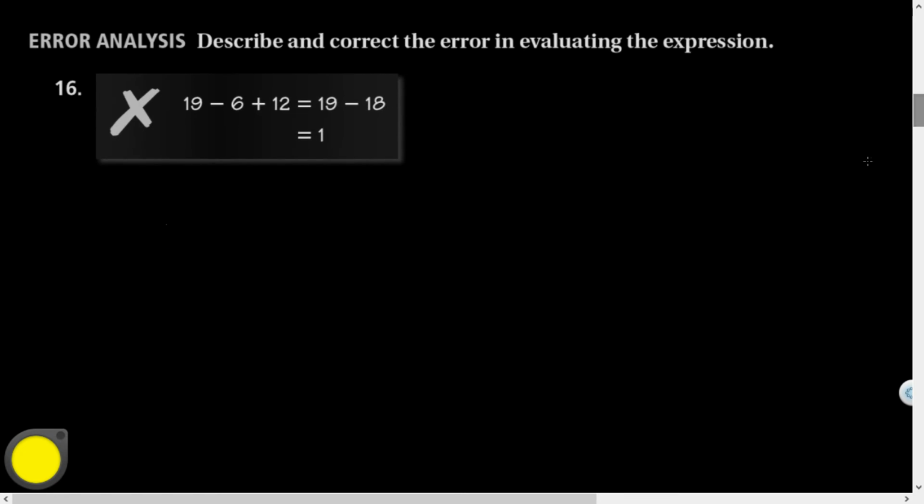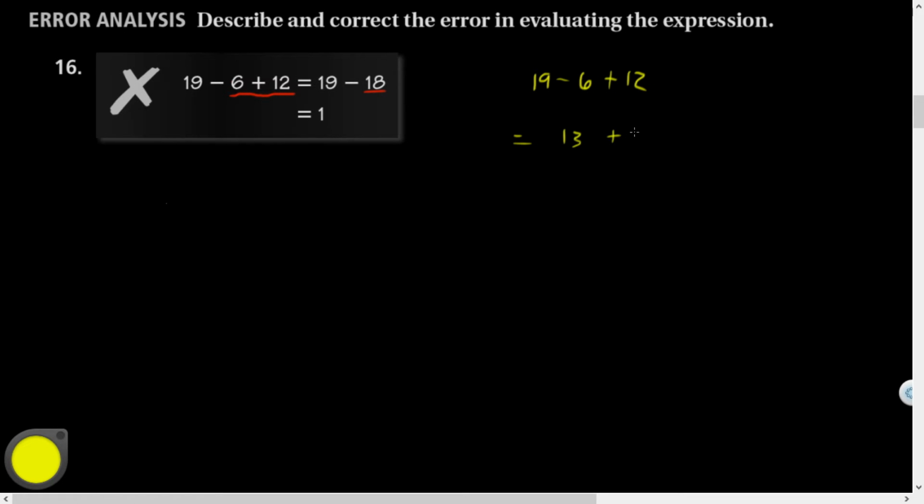Ooh. All right. The way they wrote their work is a little bit weird here, but does anyone see what the error was? Yeah, it looks like they did the addition before subtraction, right? 6 plus 12, they got 18, and then subtract, they got 1.